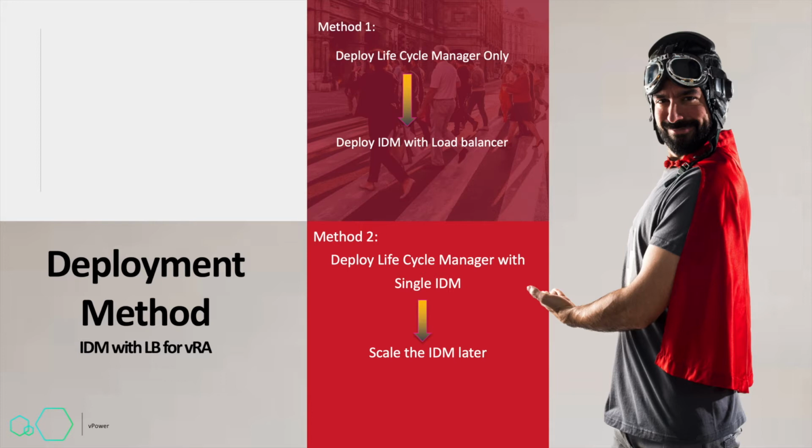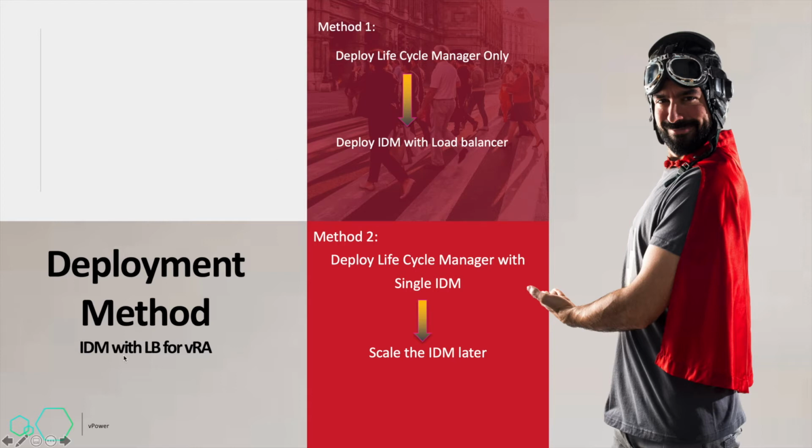As method one, you can deploy your lifecycle manager only during your vRA deployment, and just deploy your lifecycle manager. Later on you can deploy your identity manager with the load balancer, and hence later on you can also deploy your vRA with the load balancer.